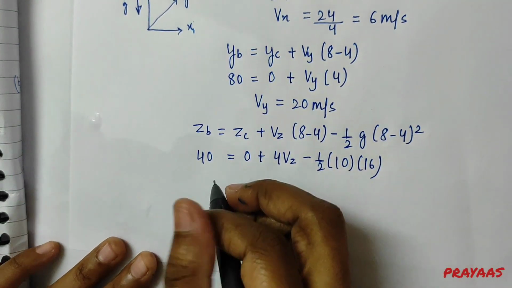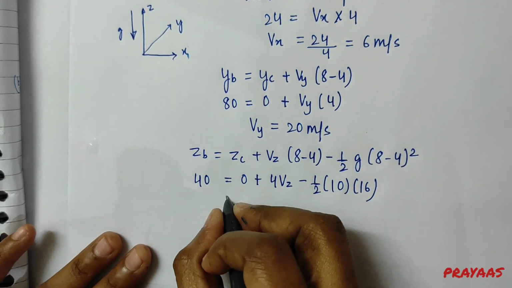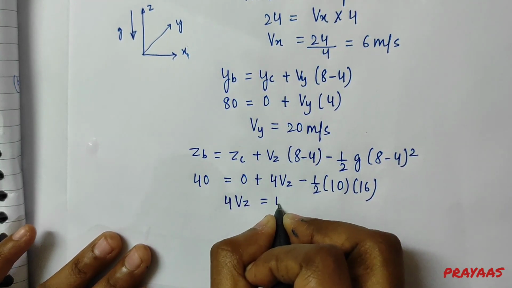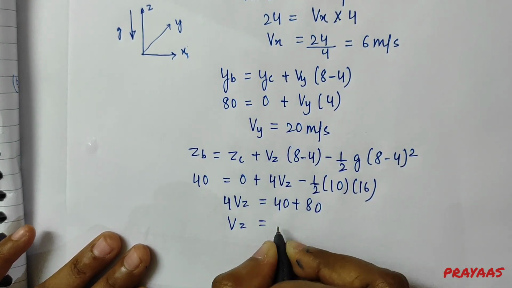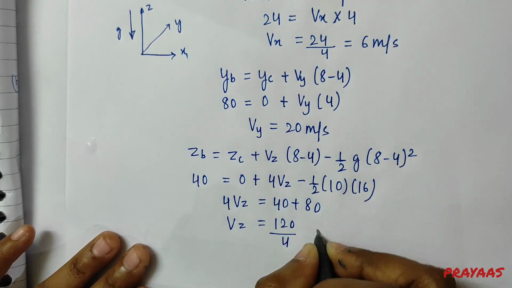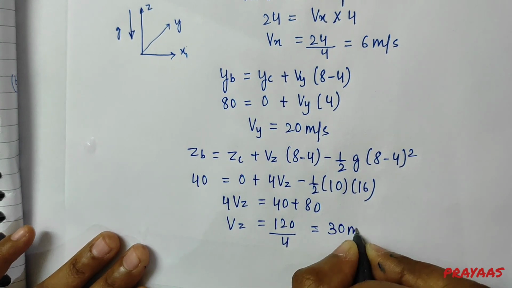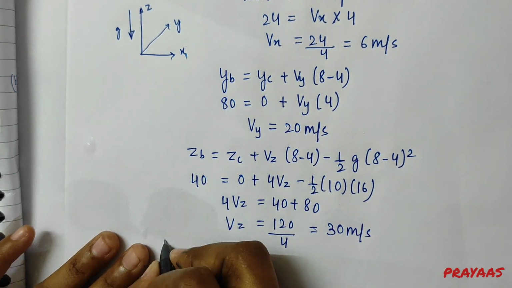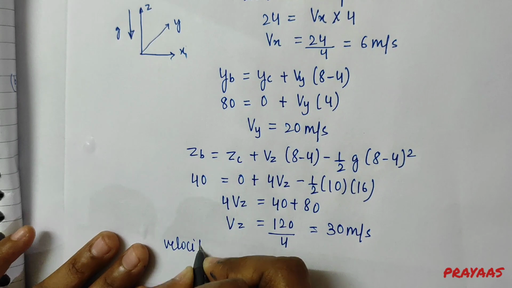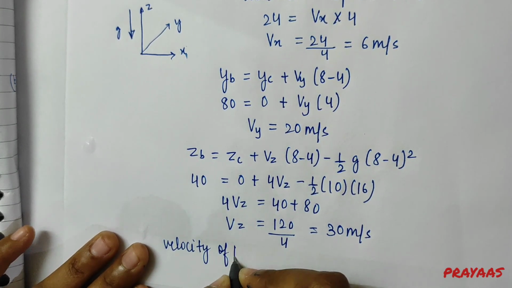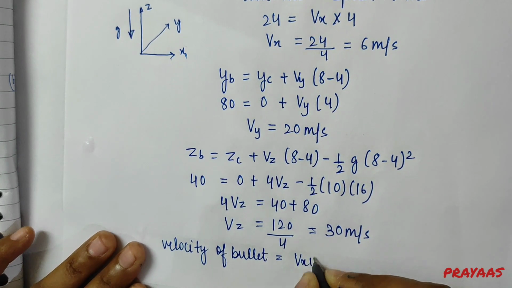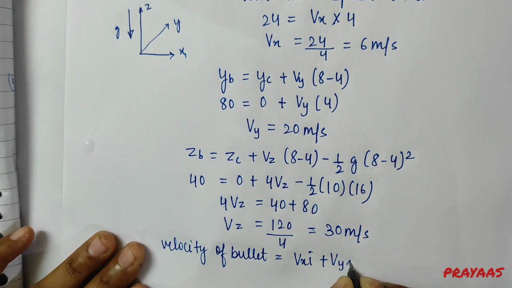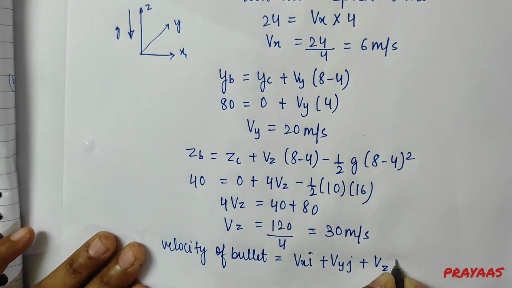So this will be 4 vz equals to 40 plus 80. So vz will be equals to 120 by 4, that is 30 meters per second. So the velocity of the bullet will be equals to Vx i cap plus Vy j cap plus Vz k cap.